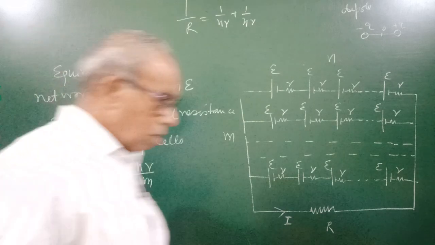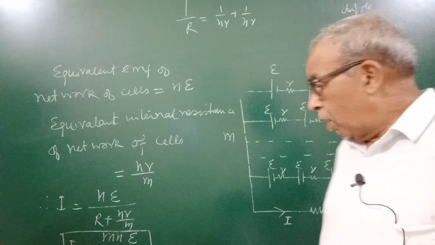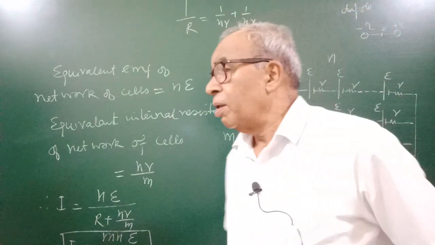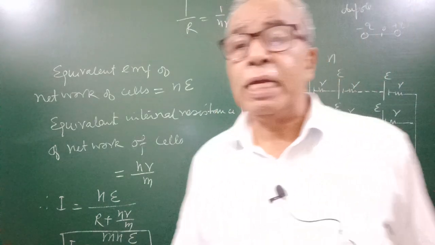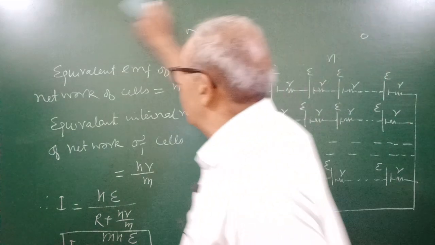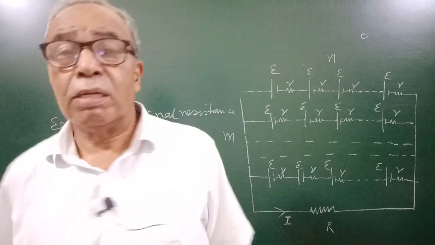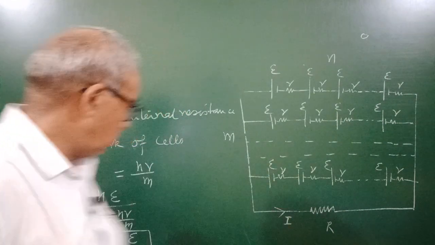The numbers m and n are fixed. What can be variable? External resistance and internal resistance of the cell can be varied. But cells may have low internal resistance. External resistance may be low or may be high.